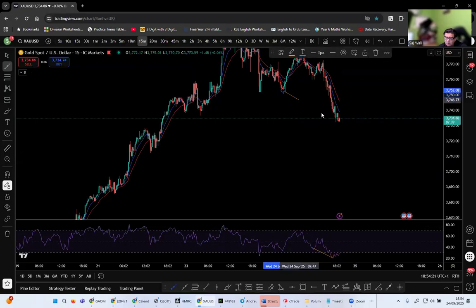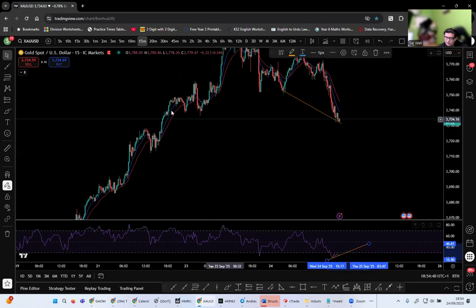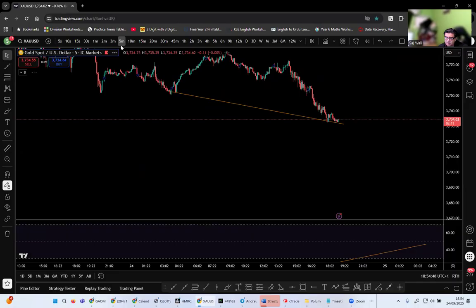RSI down and market is to the downside. But we have to look for some sort of confirmation here. Possibly if we can find something like that, that'd be better, because although there's a structure level here, I will go on smaller time frames to see what's happening.